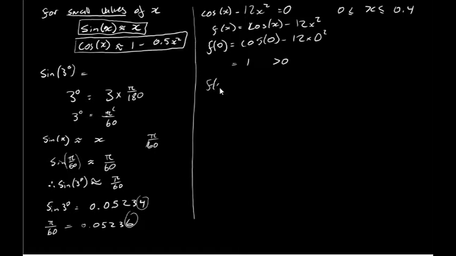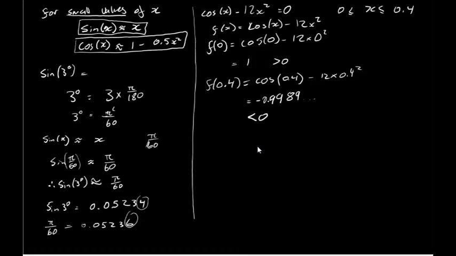I'm next going to find out what f of 0.4 is. So cos 0.4, take 1/2 times 0.4 squared, roughly minus 0.9989. Okay, obviously a little bit less than 0.